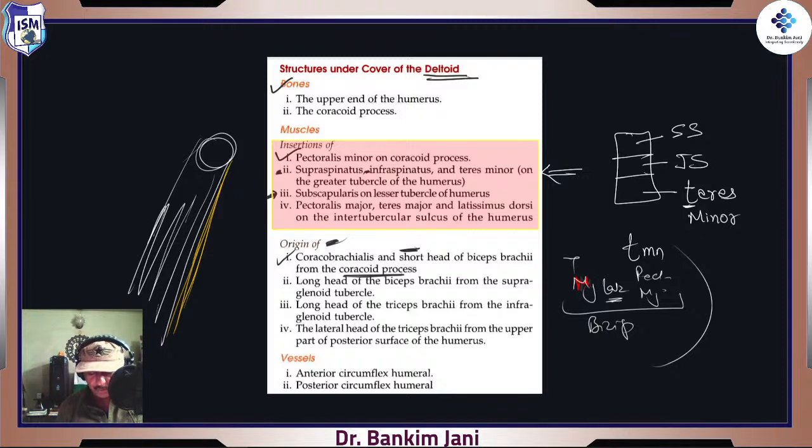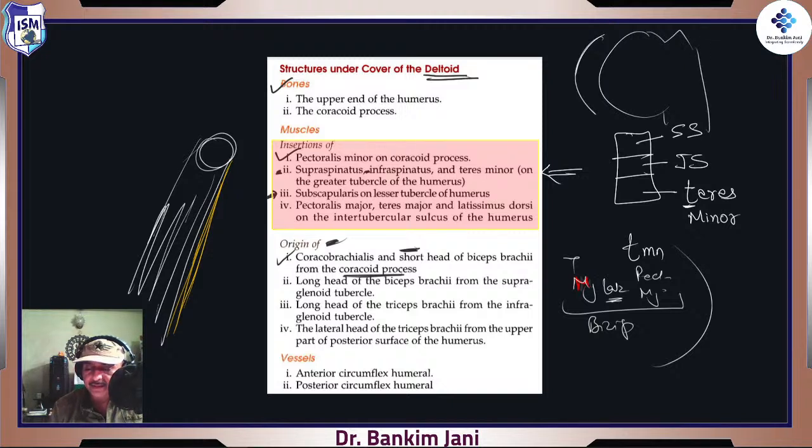Then the long head of biceps is from the supraglenoid tubercle. Wait, it will come, but let's just say supraglenoid. What is glenoid? It is that surface on which the head would move, what is called the glenoidal cavity. Many times we have drawn this: it is the humerus and this is how it moves.